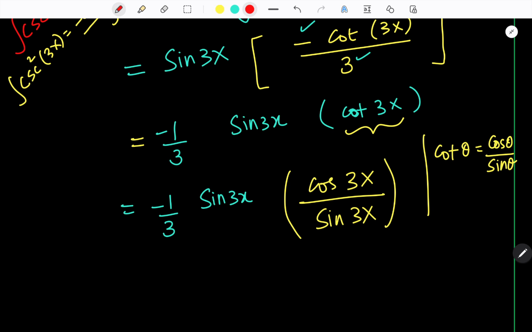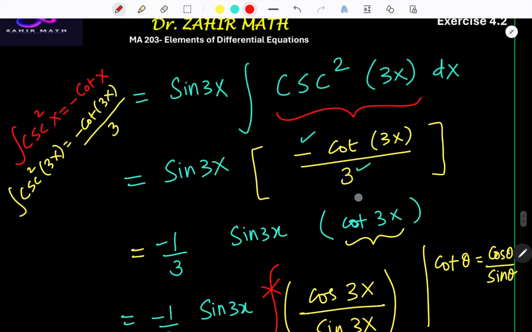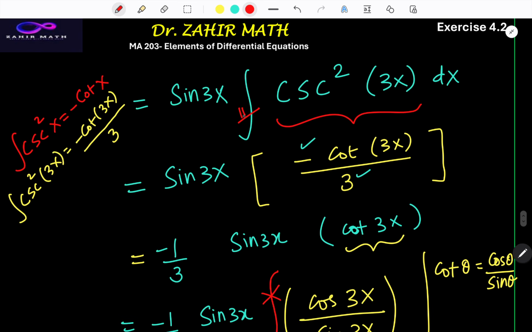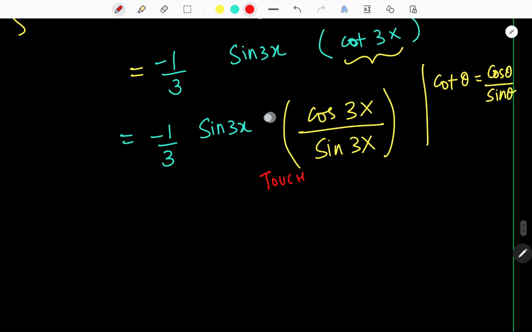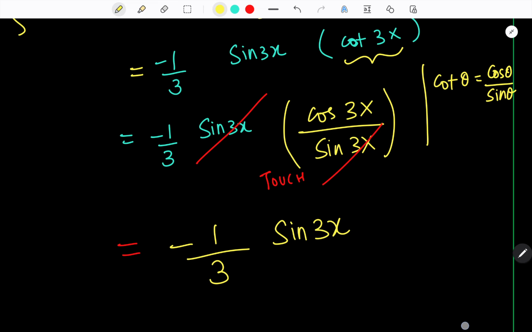Now the integration is finished, so you can touch now. So sine 3x gets cancelled. So minus 1 by 3 cos 3x is the second solution for this one.